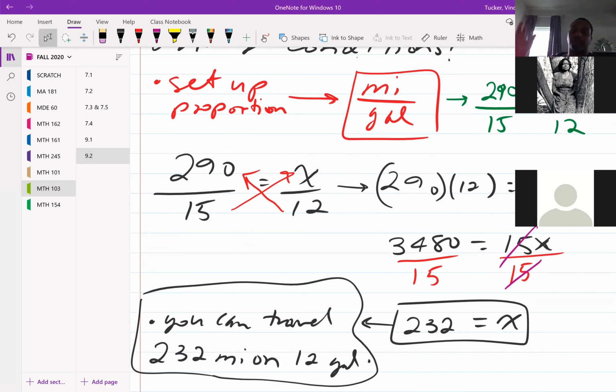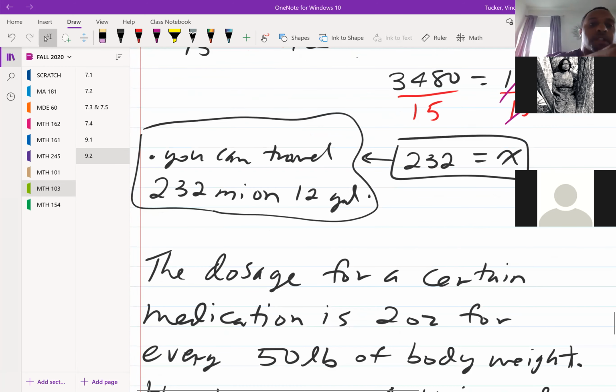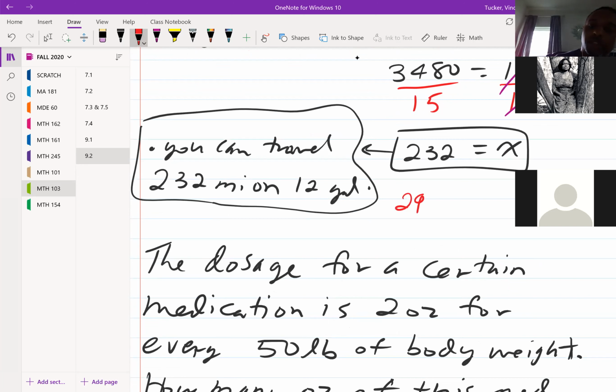And so when I multiplied it by 12, let's say if we leave it, like do it the way you did it, 290 over 15 multiplied by 12. I guess I could just show you. If we multiply it by 12, that gives me an element.